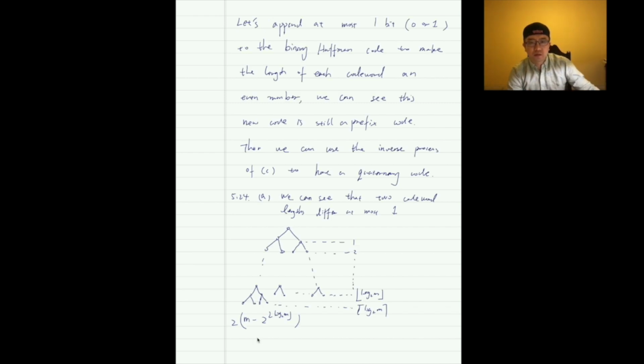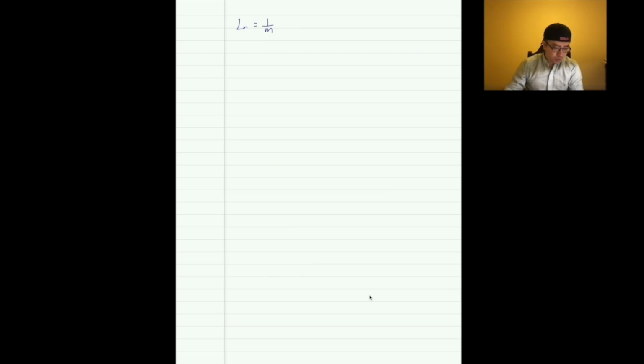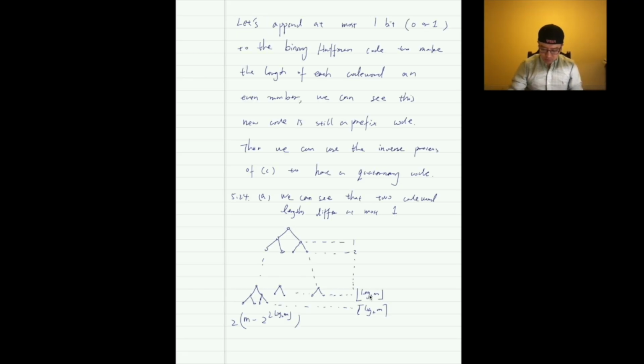The total number of code words having this length is this number, and then m minus that will be the total number of code words with this other length.